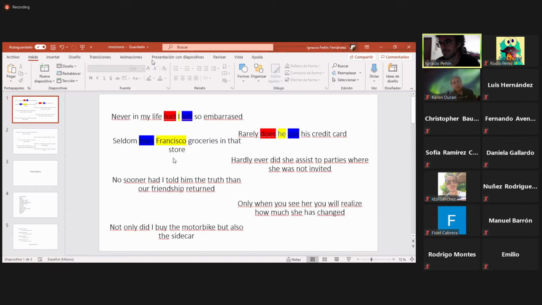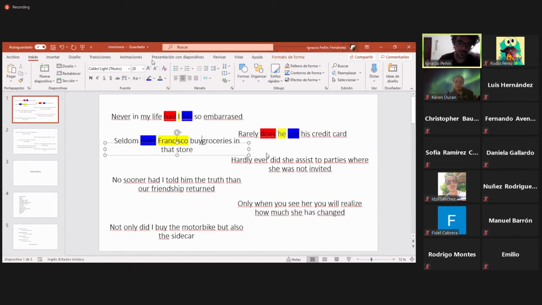It's not needed. So it's not here. In that case, it could be written also with an auxiliary. So I will write that for you. Does Francisco buy groceries in that store, to make it easier? Okay.